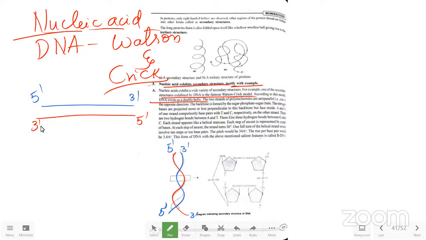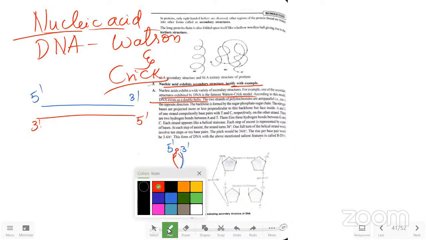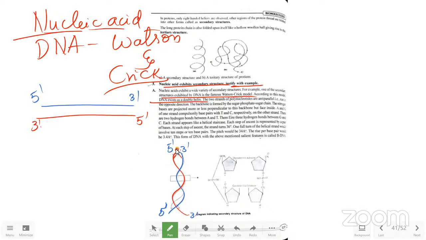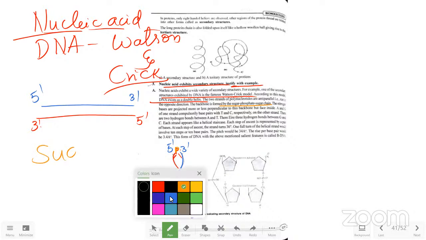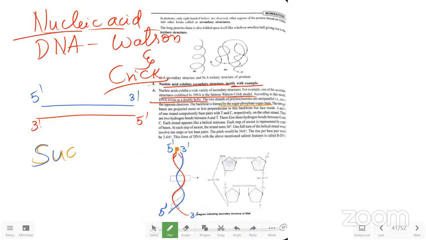And the backbone of these two is the phosphate group. Phosphate makes the backbone for the genetic material, and this backbone has the link between sugar, phosphate, and sugar.